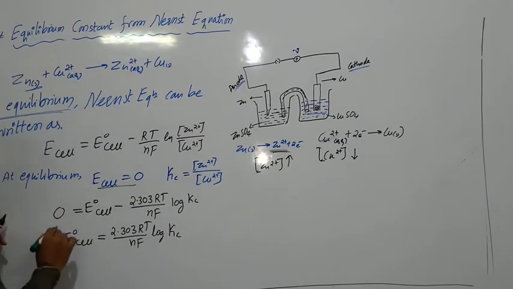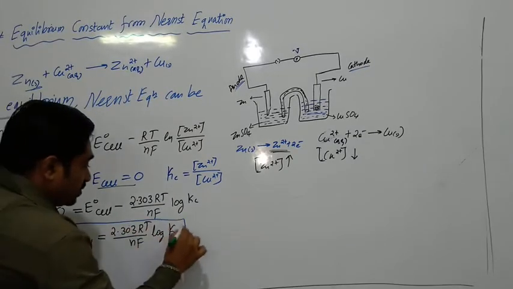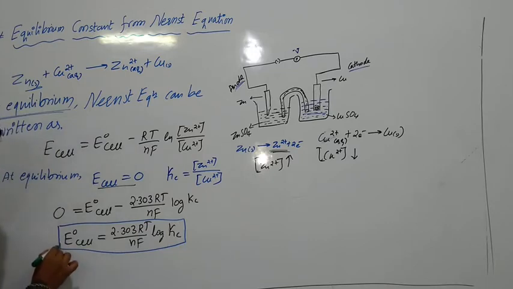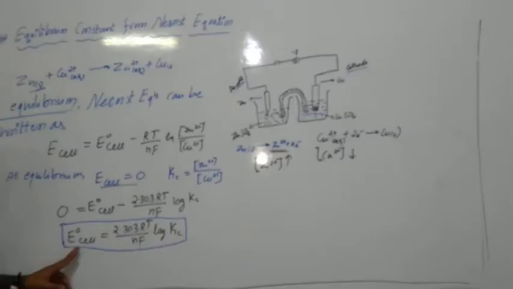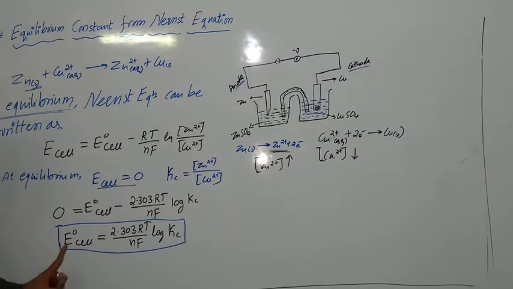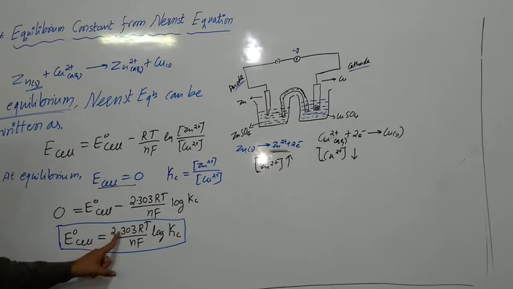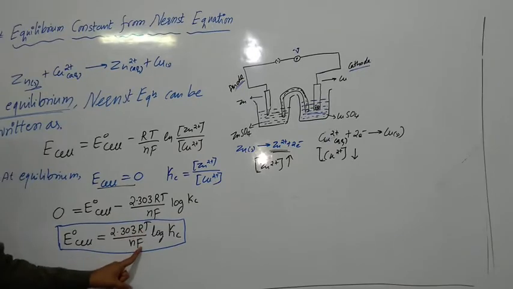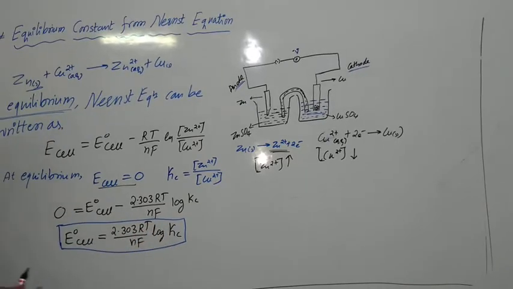So at equilibrium, this is our Nernst equation. If a solution attains equilibrium, we have to write the Nernst equation like this. So here E naught cell is equal to 2.303 RT divided by nF log of Kc.